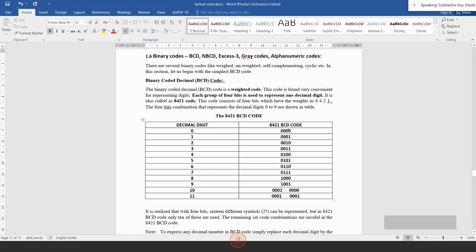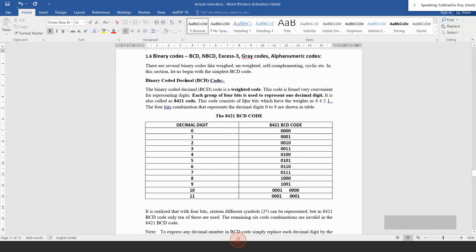And I have represented the BCD code for each decimal digit. The BCD code is also known as the 8421 BCD code. Why 8421? Because this is a weighted code. BCD code is a weighted code.